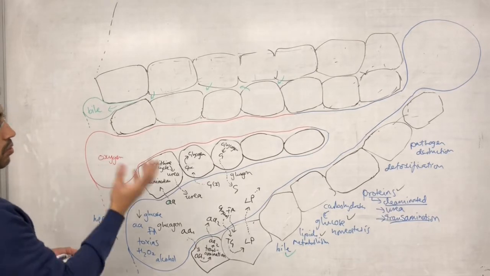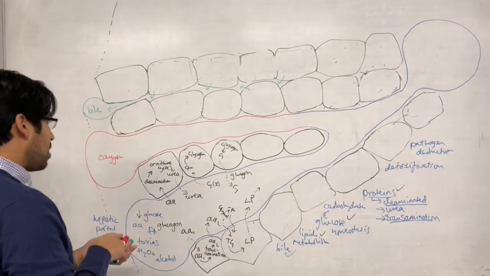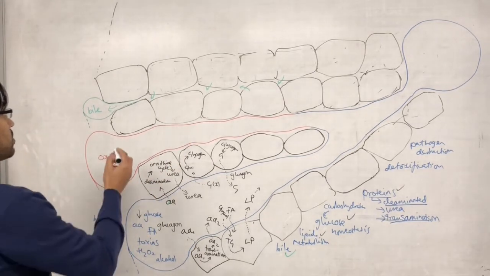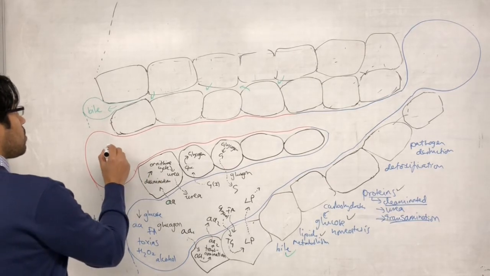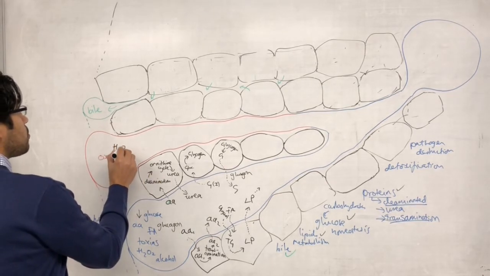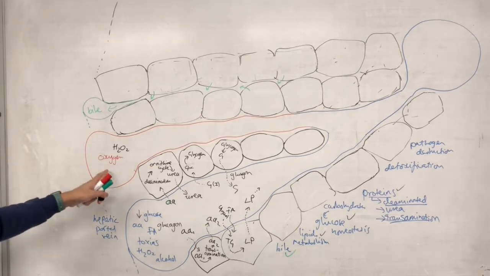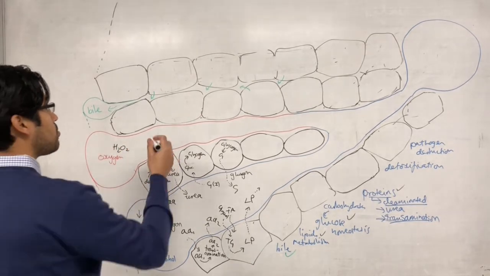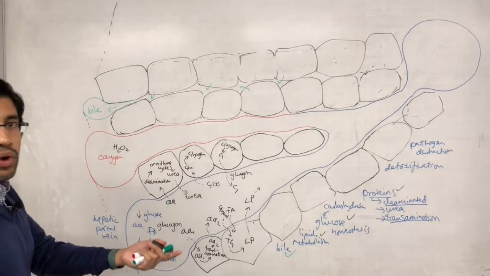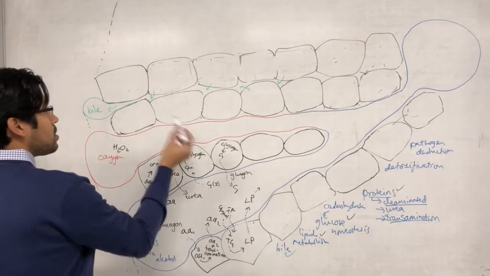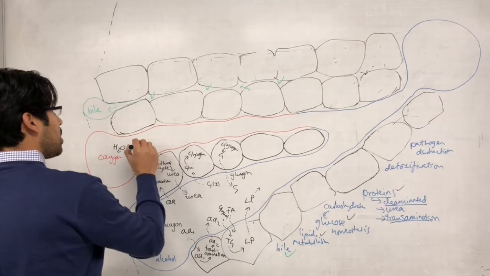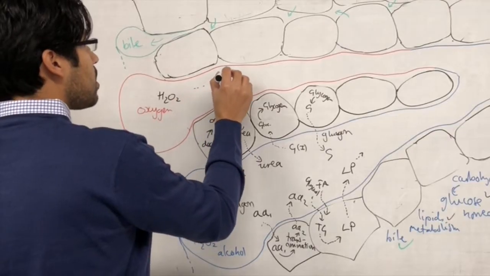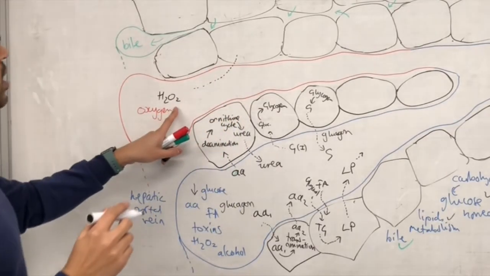So just for space purposes, let's say that we have some hydrogen peroxide. A molecule of hydrogen peroxide just enters in through here. Now, what would happen to hydrogen peroxide? I think you can tell where this is going by now, but just to complete our story, a stickler for completeness.